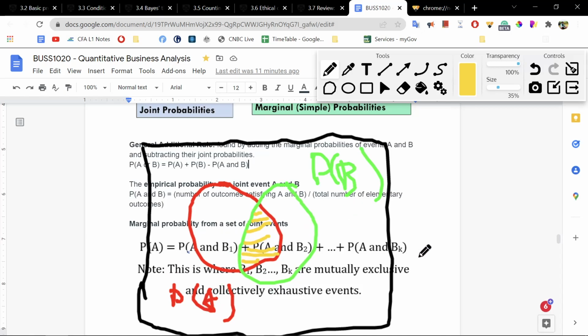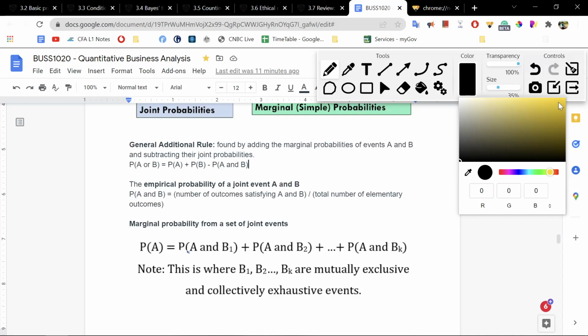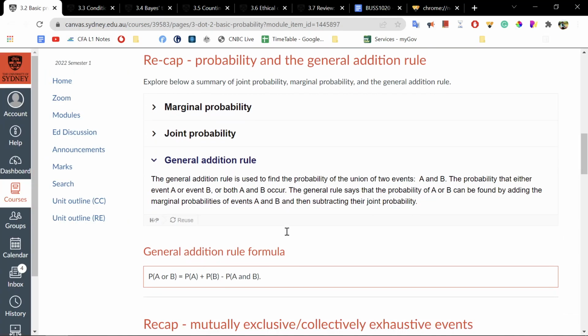When we want to know the probability of A or B, we should add the probability of A with the probability of B. However, when we do that, we will count the middle yellow section twice. So in order to avoid counting it twice, we subtract the probability of A and B. That way, we will not count the middle value twice. Hope the illustration helped a bit. So that is the idea of the general addition rule.